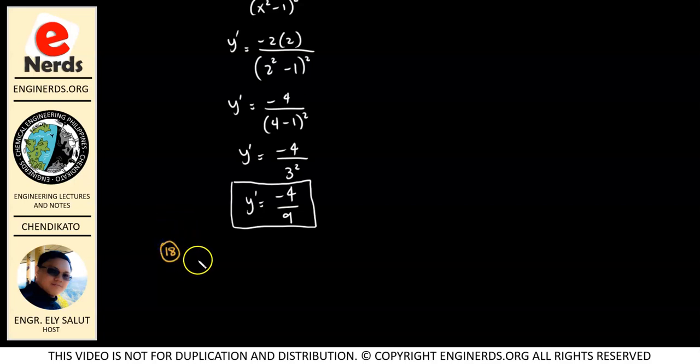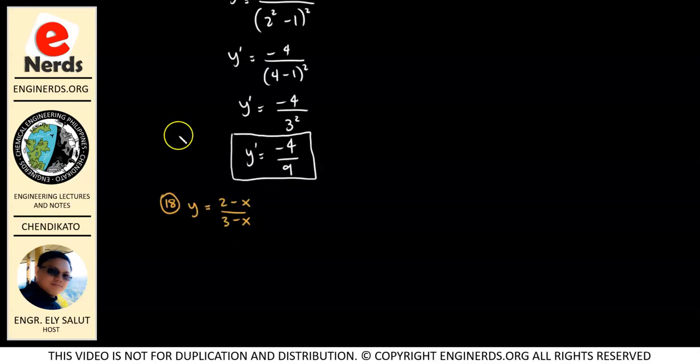Problem number 18 is y is equal to 2 minus x over 3 minus x. We'll start by finding dy over dx, which is equal to y prime, d over dx of 2 minus x over 3 minus x.